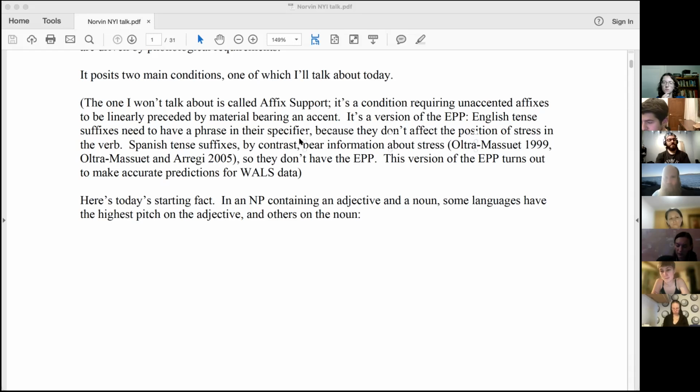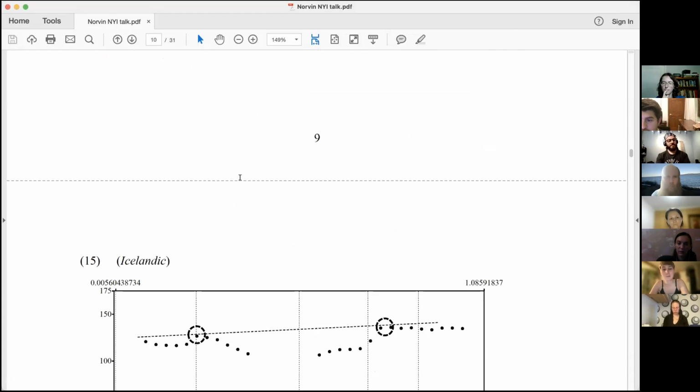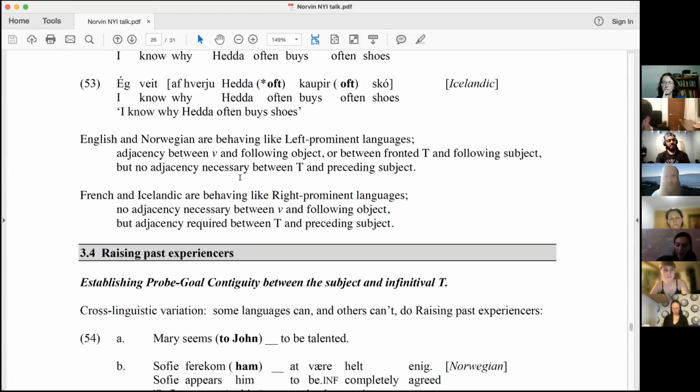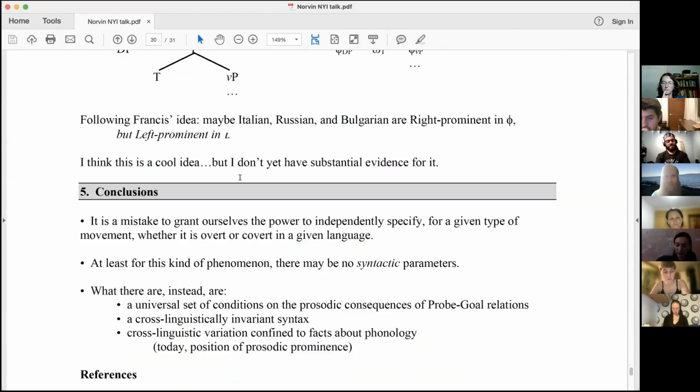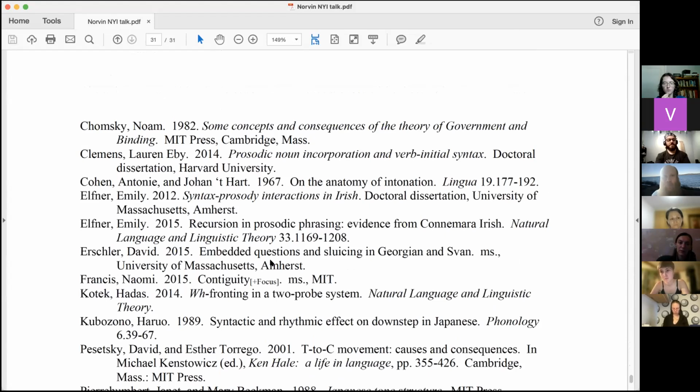No, I'm going to fail to find a link to it. What's going on? Oh, I see what's going on. I'm trying to annotate my handout at the same time that I'm trying to scroll in it. So there's a beautiful Harvard dissertation by Lauren Clemens, 2014, that was sort of the inspiration for some of this work.